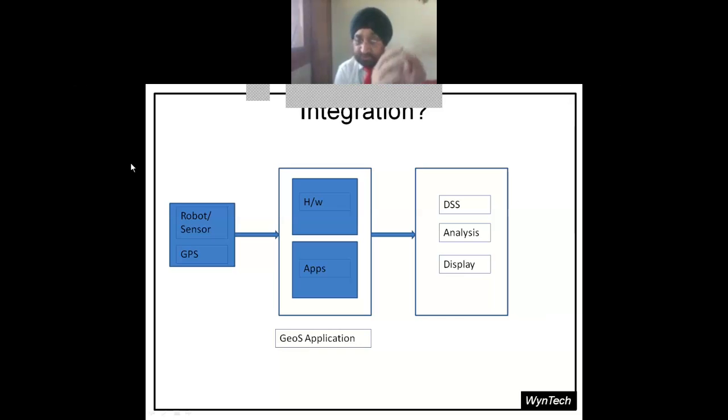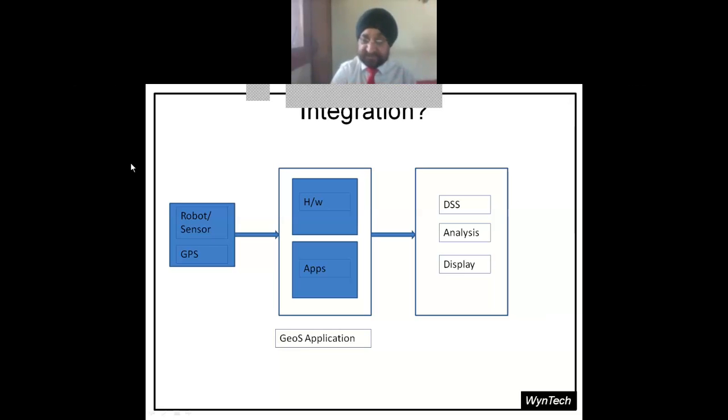So we have a sensor. Through the communication system, it gives the input to the geospatial application. And based on these things, the software interprets and gives us the DSS, decision support system, and various analyses, and displays them on the screen. So this is one slide which indicates the integration, right?